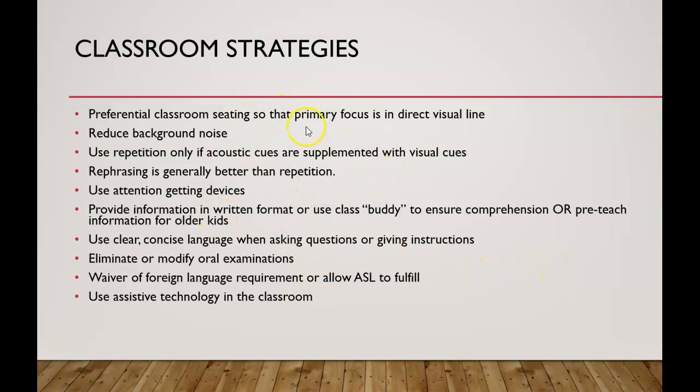Kids will get preferential seating, reduced background noise if possible, repetition, visual cues, rephrasing, attention-getting devices. Older kids can use a note buddy or pre-teaching, clear, concise language, modified or eliminated oral exams, waiver of foreign language or allowing ASL to fulfill it, and using assistive technology in the classroom. That's not all of them, but that's the biggest majority of classroom strategies that we can use.